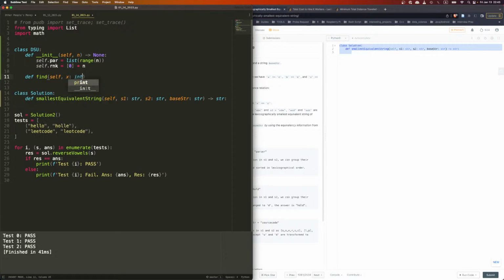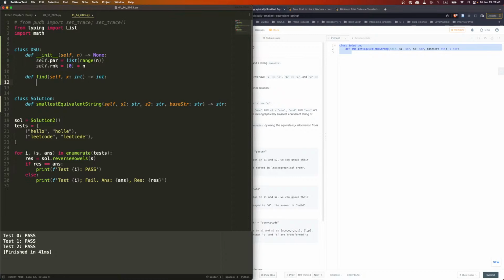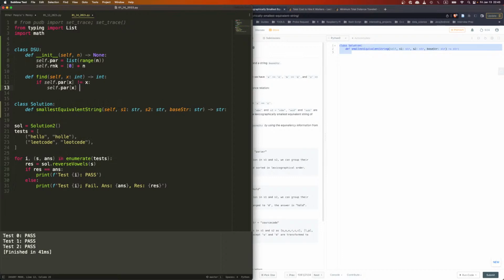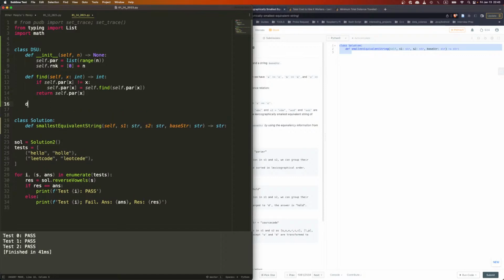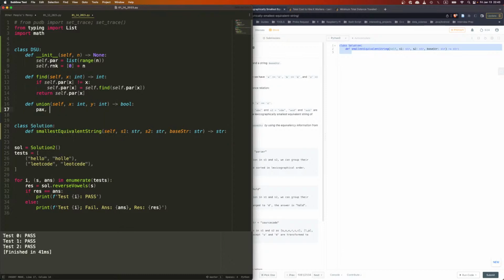Find is nothing specific. If self.parent[x] is not equal to x, self.parent[x] equals self.find(self.parent[x]). Return self.parent[x]. Right, def union(x, y). Temp values px, py: self.parent[x], self.parent[y].